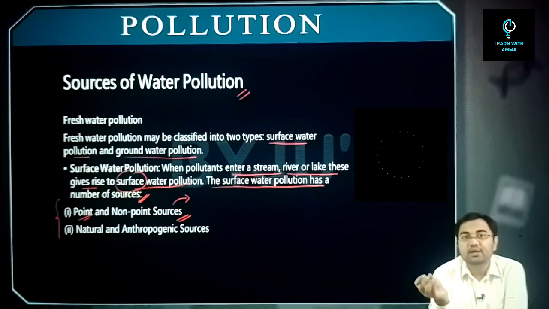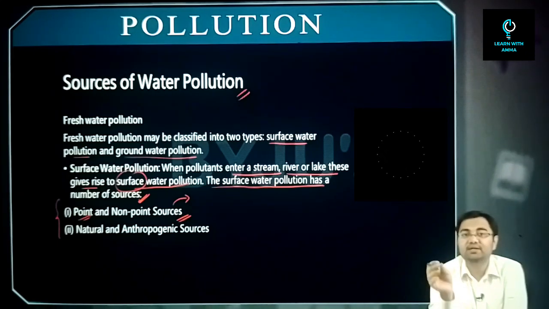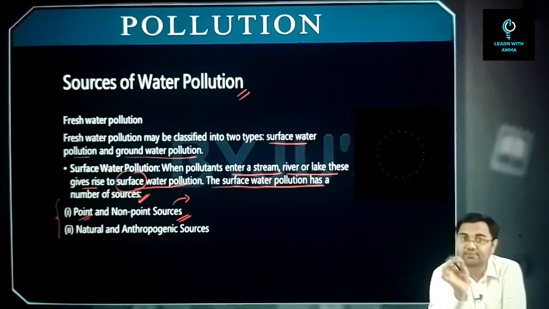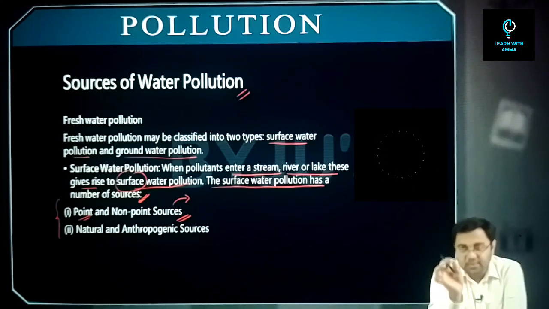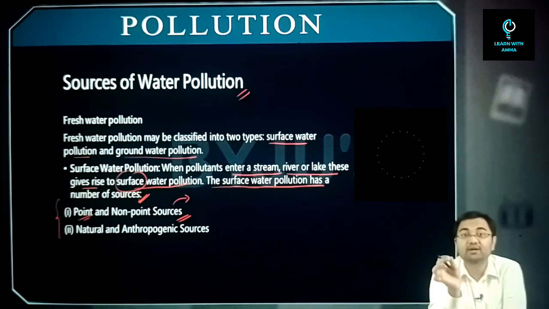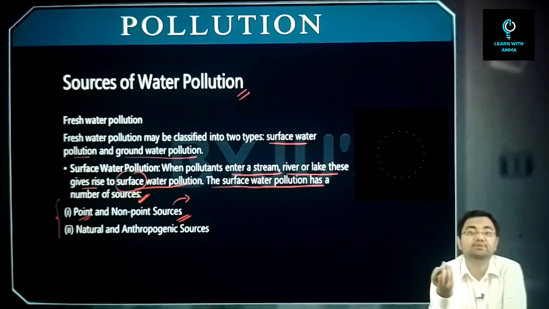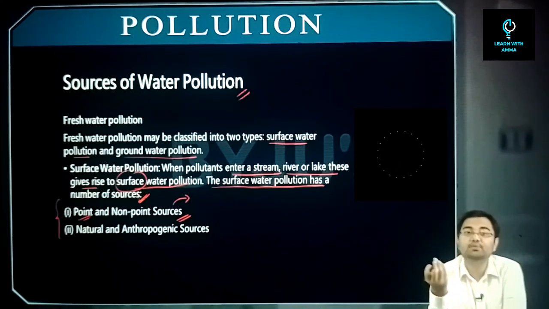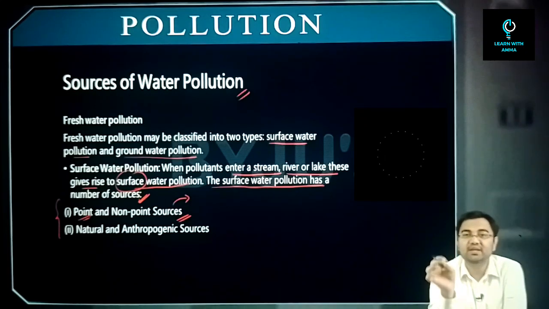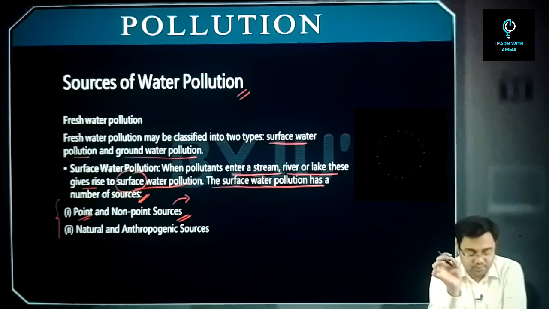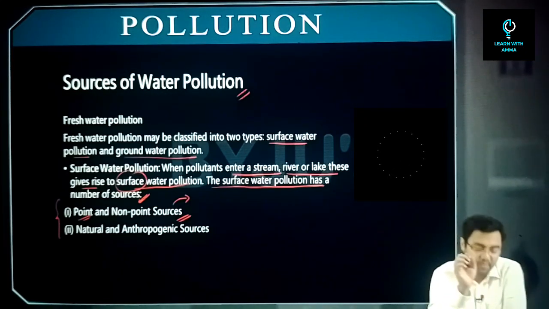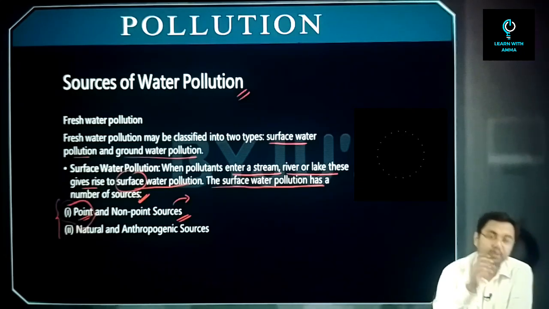For example, the water that runs off from agricultural farms, from construction sites, from abandoned mines, and enters the streams, lakes or rivers would be called a non-point source. So it is a very difficult kind of source to control pollution from. Point sources are easier to control.